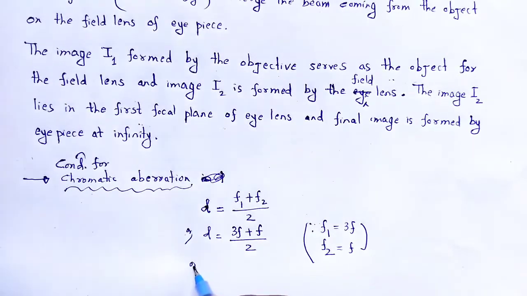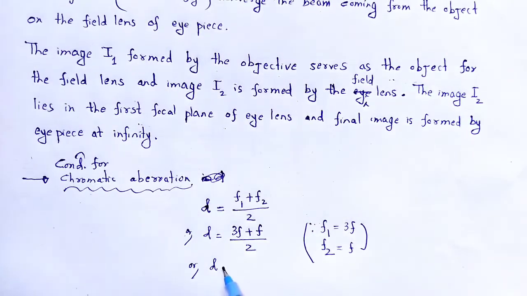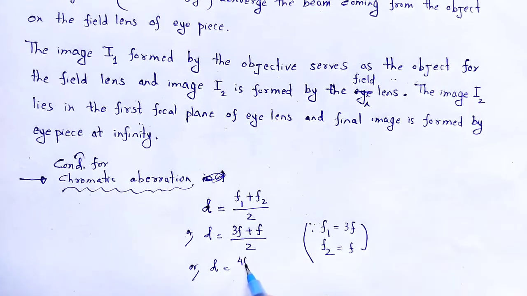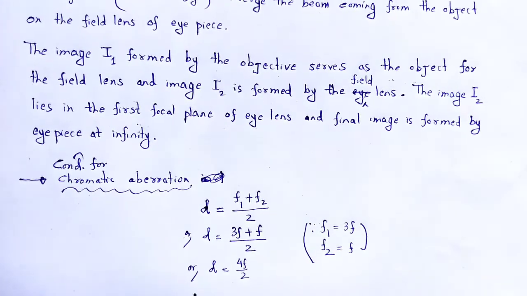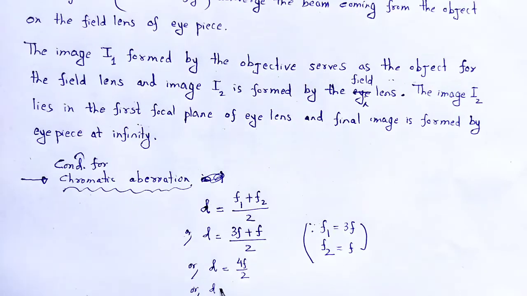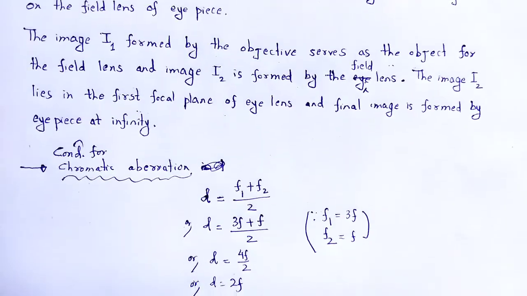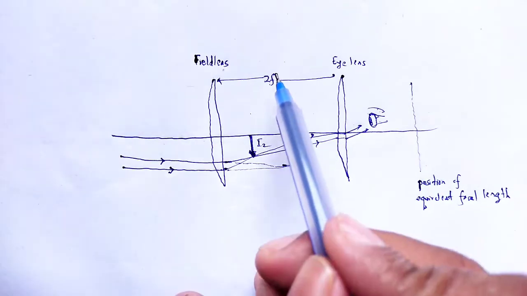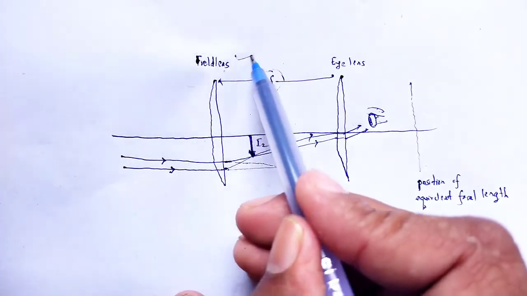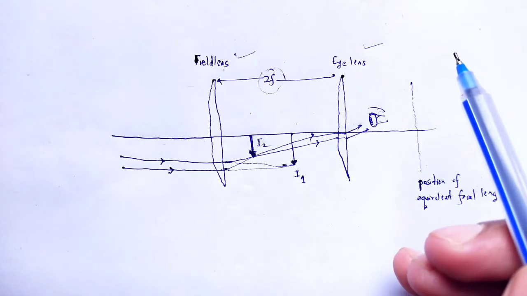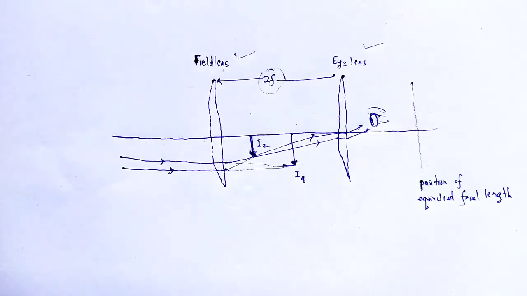So the distance between the two lenses is 4f divided by 2, which is equal to 2f. So to avoid chromatic aberration, the distance between the field lens and eye lens must be 2f.